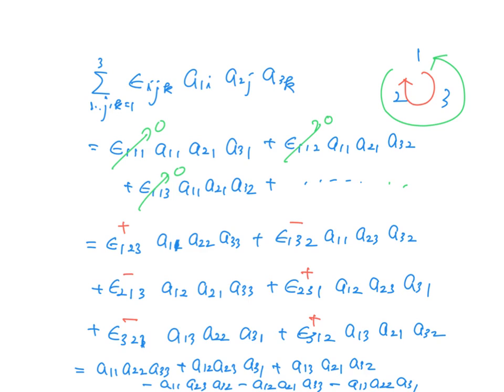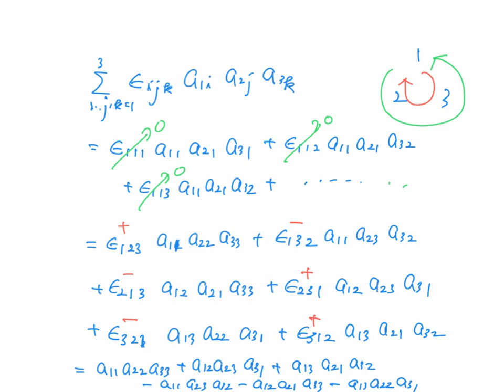Some of you still wrote it down the old way. Let's try to see how. We have three indices, and that is very easy to determine, the even permutation and odd permutation, right?